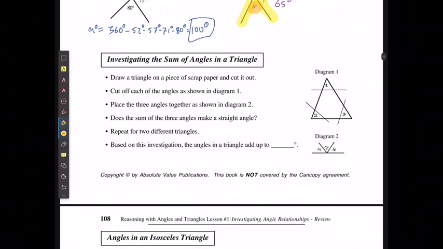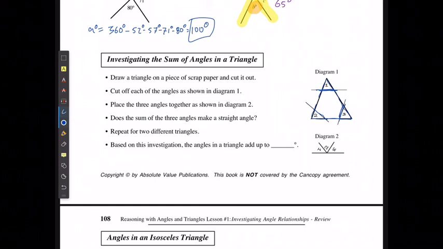Alright, if I'm looking at the sum of angles inside of a triangle, in this case, we have a triangle that's built on this diagram. And what they've done is they have cut off angle 1, they've cut off angle 2, and they've cut off angle 3.